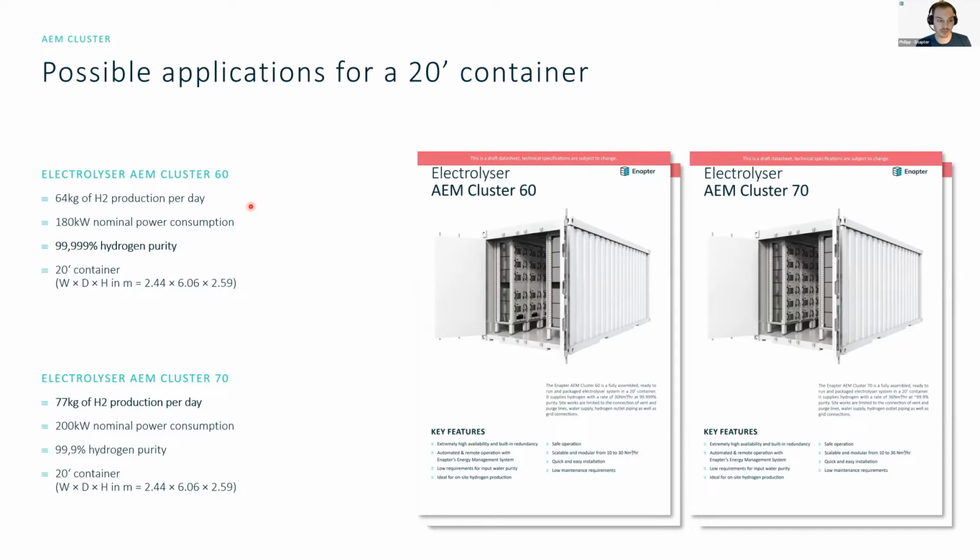Additionally, you will add some dryers, and then you can reach a purity of 99.999%. On the other hand, if you think 99.9% hydrogen purity is enough for you, you can produce up to 77 kilograms of hydrogen per day. Please be aware that these are just drafts. Of course, it depends on your individual setup, how you want to integrate your modules into the container, and what else or additional stuff you will need.